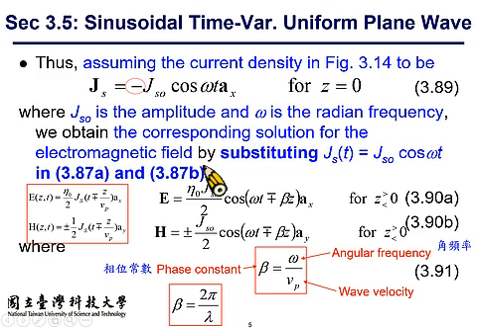Omega is the angular frequency, 角频率. And f is the frequency. Of course cosine omega t is a sinusoidal function, as you already know. And J sub S0 stands for the magnitude of the current function.